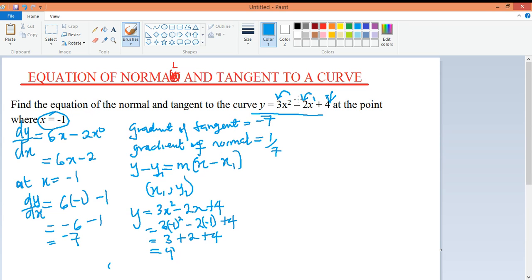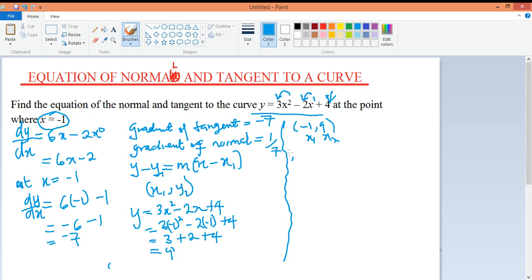So we're going to find the gradient at a point where x is negative 1 and y is positive 9. So this being our x1 and this being our y1.